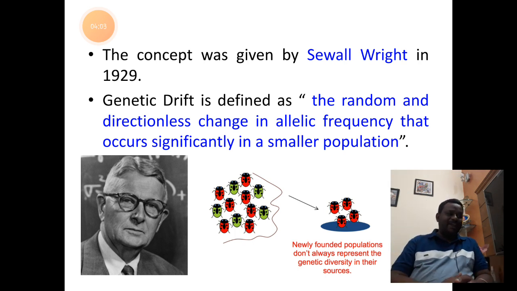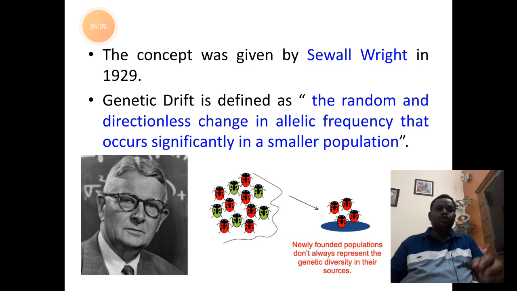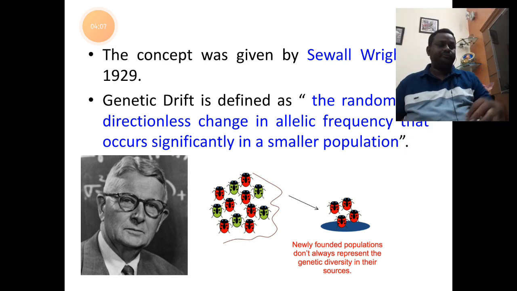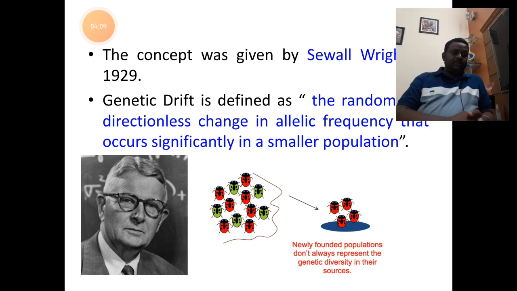Down in the slide we can see two groups of insects. In the first group, which is considered as the original population, there are two forms of insects, one red, the other green.